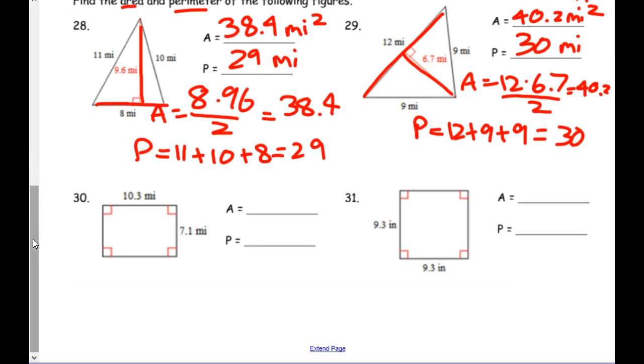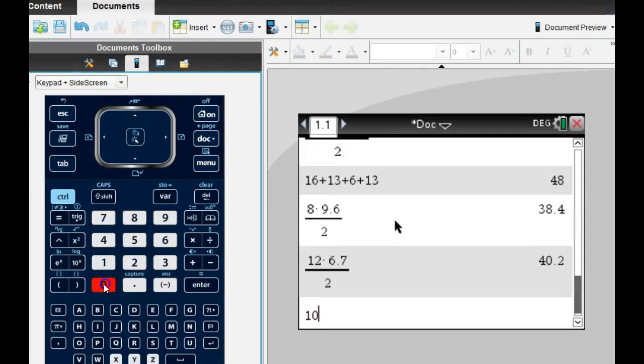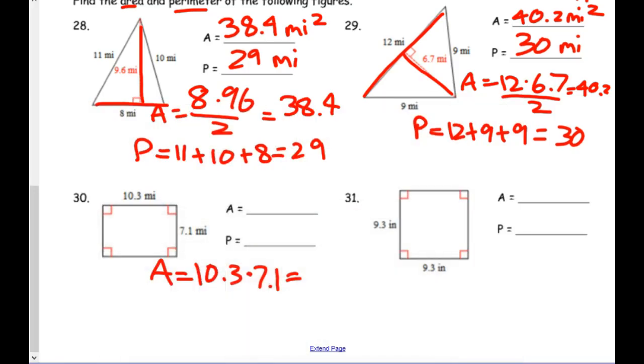Okay, for rectangles, hopefully we know it's length times width. 10.3 times 7.1 is 73.13 miles. It's a lot of miles. Squared.